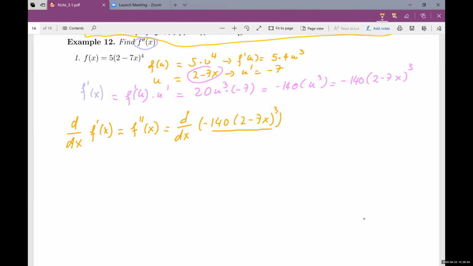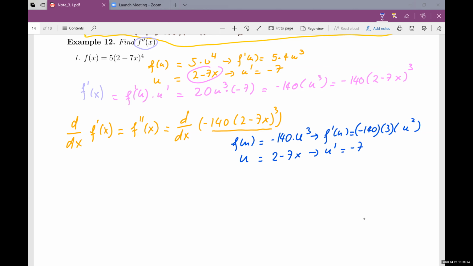So again, in this case, you want to use the chain rule, and you just need to identify f of u, which equals negative 140 times u cubed. Then f prime of u is negative 140 times 3 times u squared. And u equals 2 minus 7x still, so u prime is negative 7.